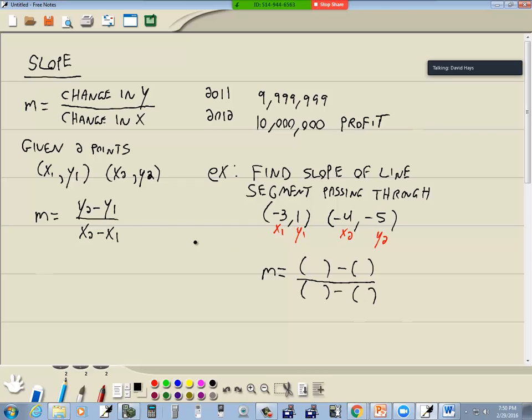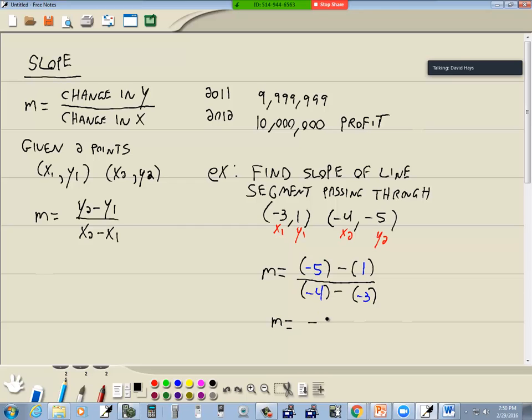So I'm just replacing x1, y1, x2, y2 with parentheses. So now y2 is -5, so we'll put -5 where the y2 is in our formula. y1 is 1, so I'll put a 1 in there. x2 is -4, and x1 is -3. Now let me double check that I put everything in the right spot. Okay.